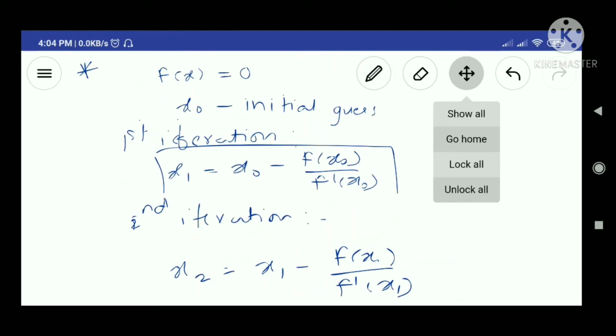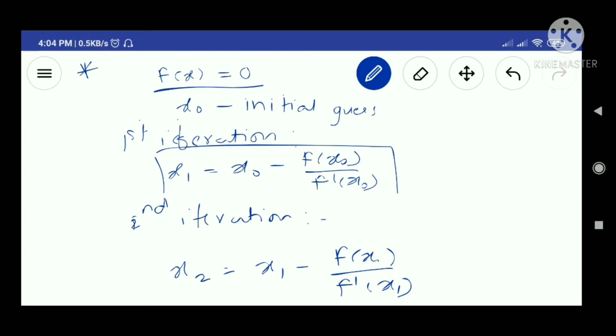First of all what we will do, we will write out our equation, then we will write the initial guess, then we will find the values of the derivative also, because in the formula we have to use the derivative value f dash of x0, that is the derivative at point x0.